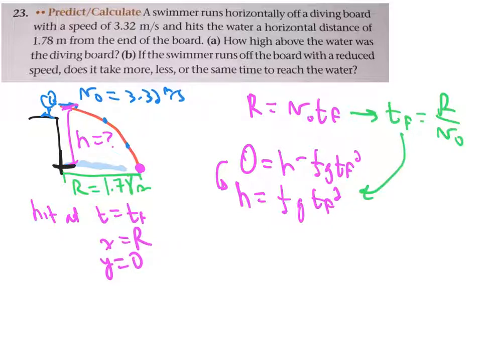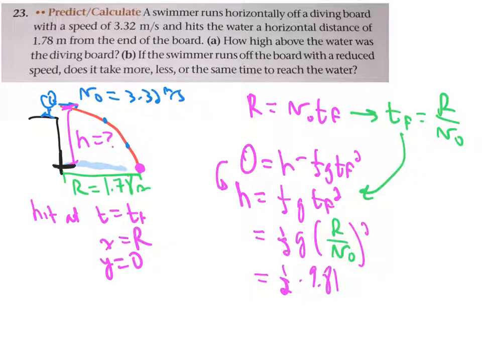So I have that the height is 1/2 times g times R over v0, all squared. And I can say 1/2 times 9.81 meters per second squared times 1.78 meters over 3.32 meters per second, all squared.